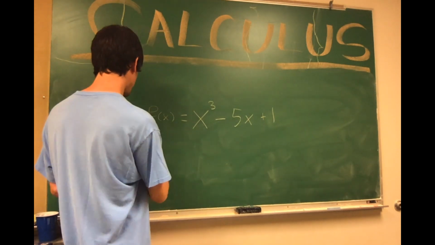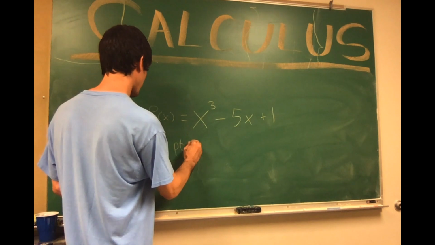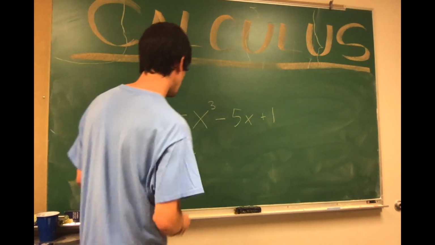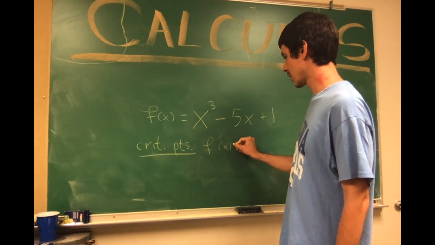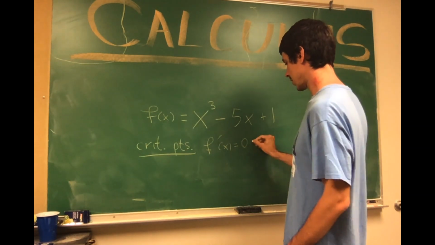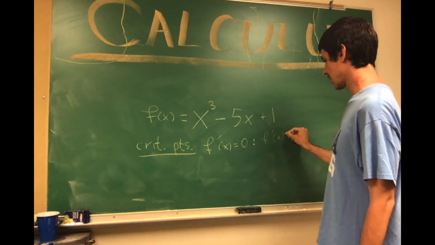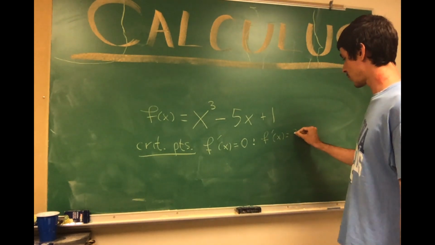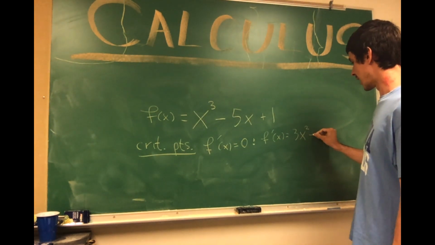The critical points are going to be when f prime of x equals 0, and f prime of x equals 3x squared minus 5.